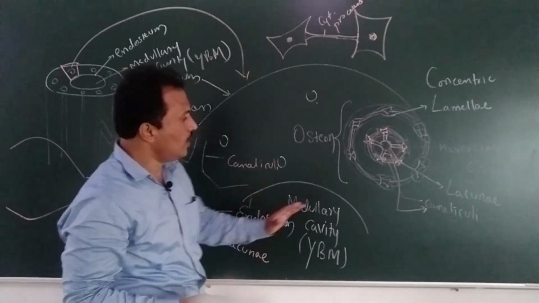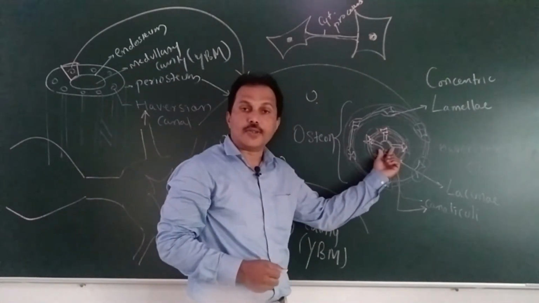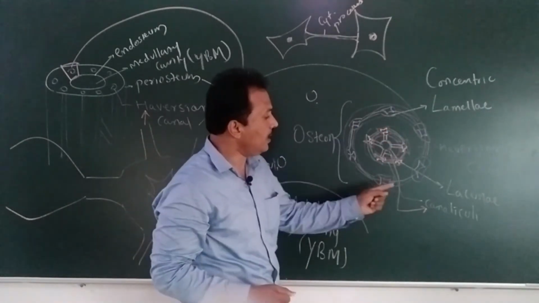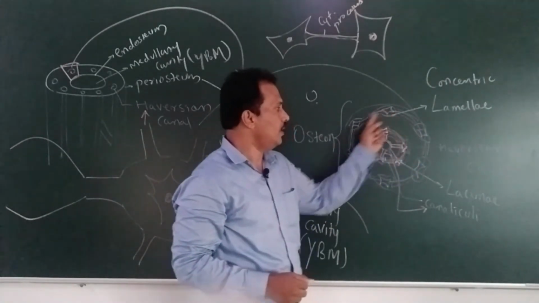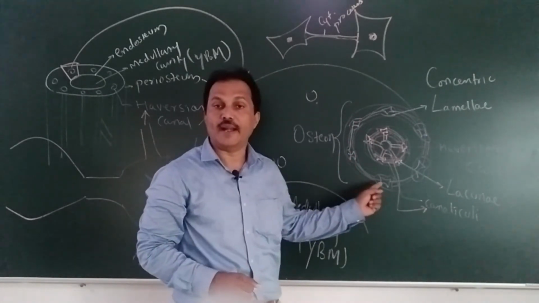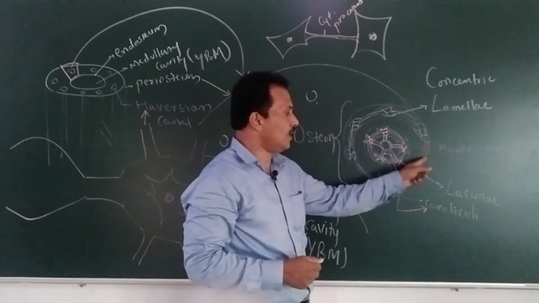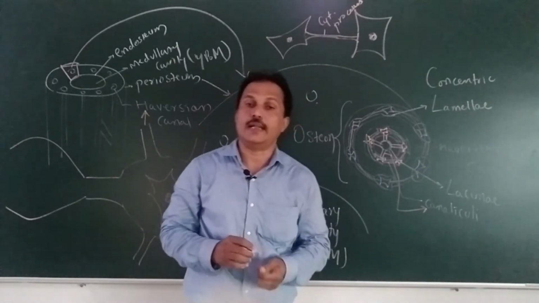Osteon includes the Haversian canal surrounded by these concentric lamellae. In those concentric lamellae, the spaces present in the bony matrix are filled with osteocytes, and these spaces are connected with each other with the canaliculi.